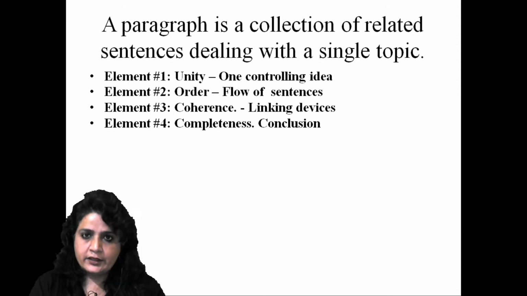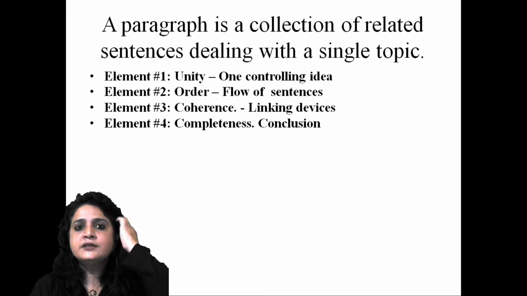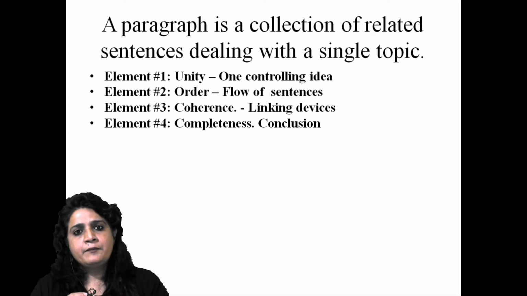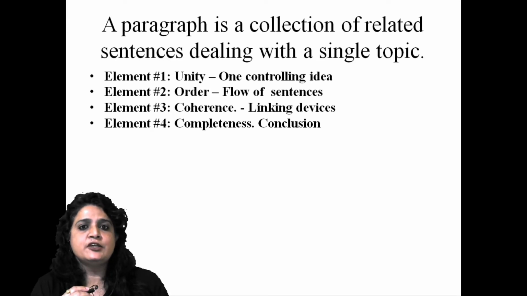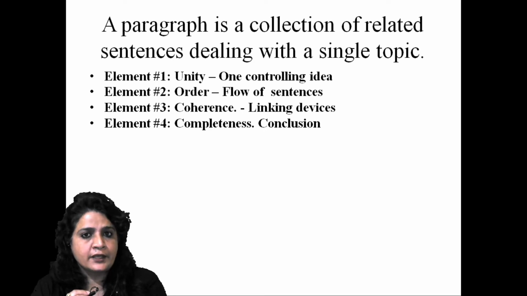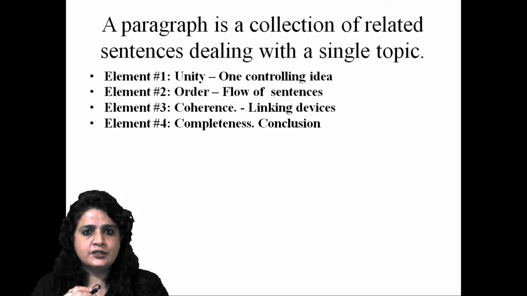Third is coherence. Coherence is understood by making your writing understandable and readable for your reader. With what ease your reader is assimilating your message is the whole work of coherence. Coherence can be brought into a paragraph by using linking devices like conjunctions or discourse markers.